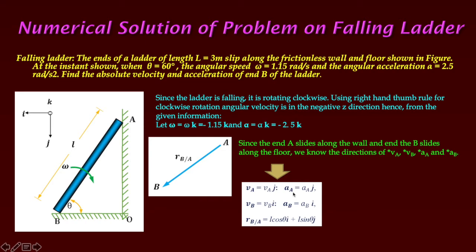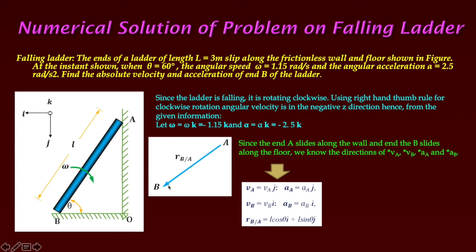Now aA is the acceleration of point A. Again it is downward, so j is the unit vector. In case of B, it is moving left, meaning in the direction of x, or unit vector i. So VB i, and it is aB equals aB i.